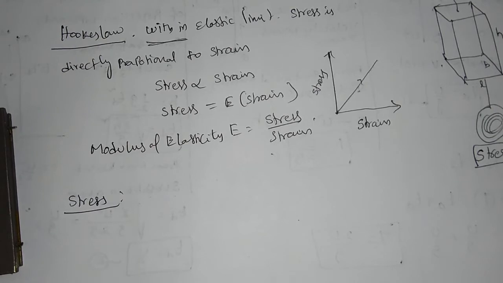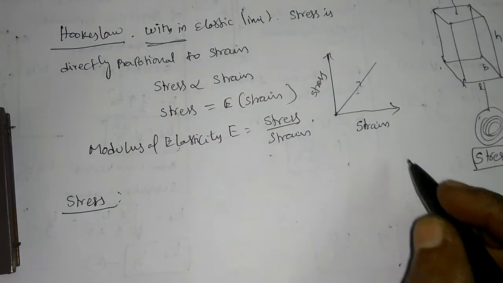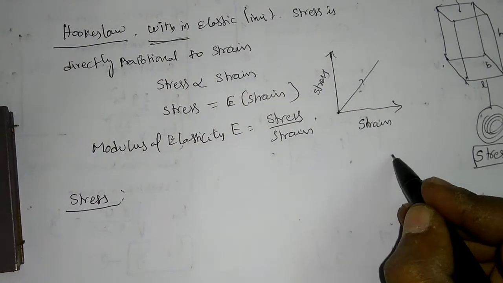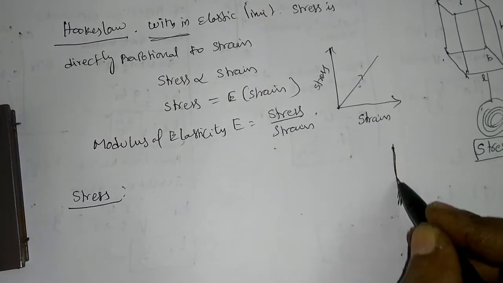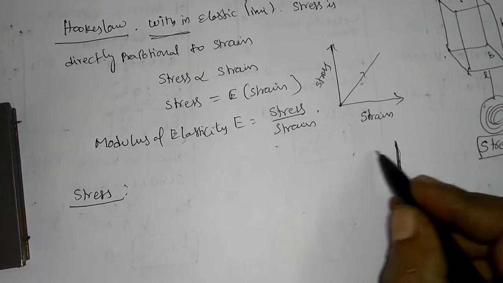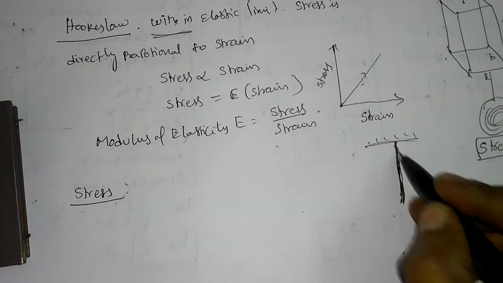That means if you take a body, let us say this is a string, a uniform wire, which is suspended to the rigid support.